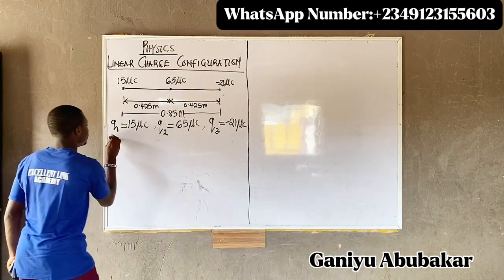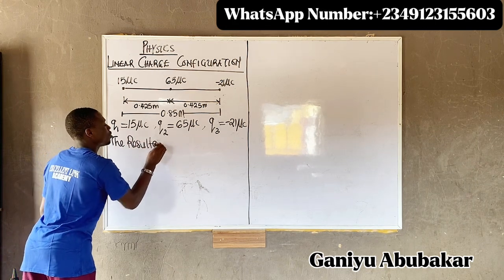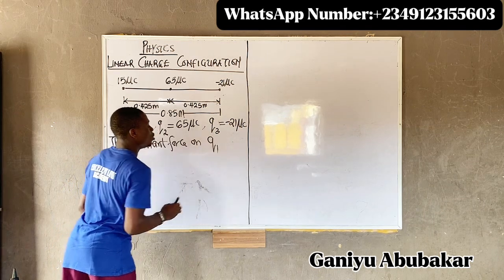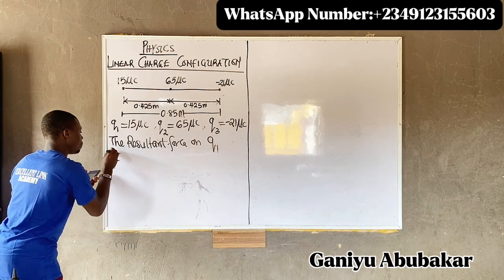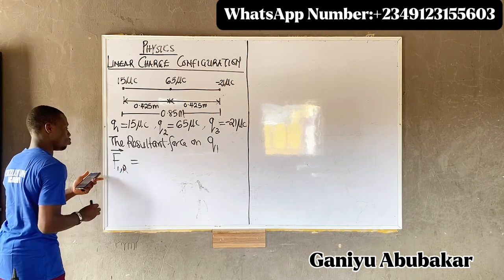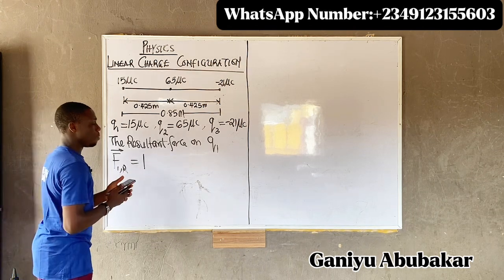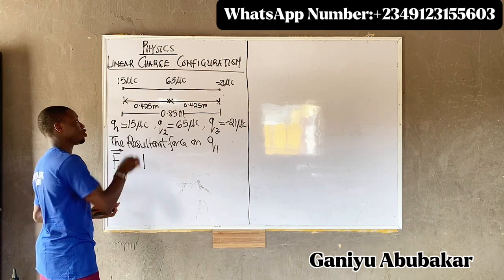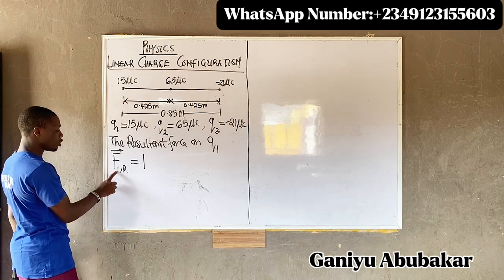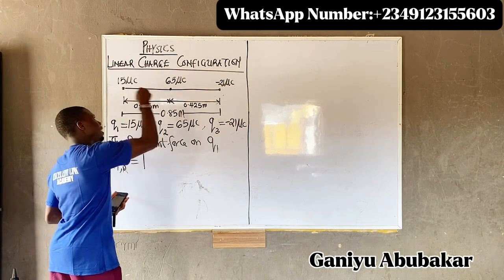So the resultant force on charge Q1, F1 resultant, is equal to... Now listen, I'm asked to find the resultant force on charge Q1. So I'm going this way: this to this and this to this.